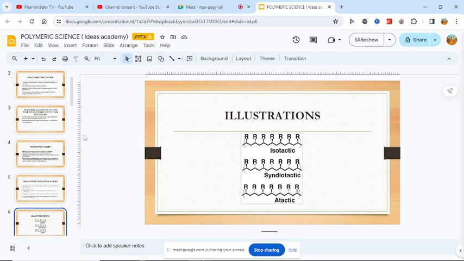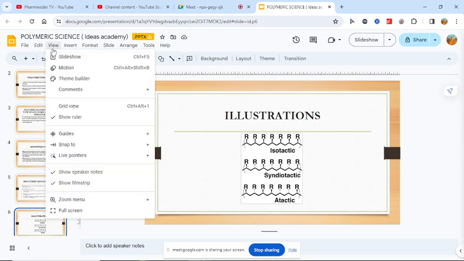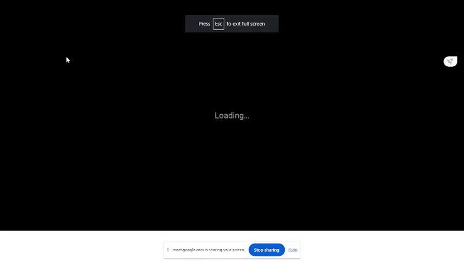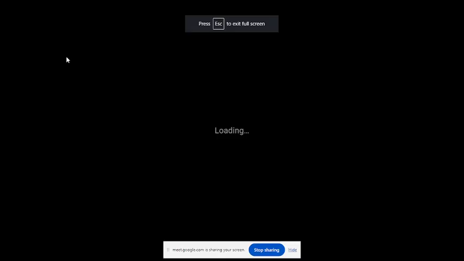I should assume we understand the representation of the solid wedge and also the dashed wedge.